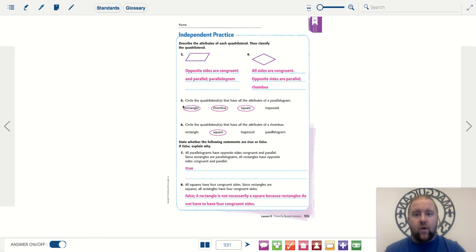Question number 5 says circle the quadrilaterals that have all the attributes of a parallelogram. Remember, a parallelogram has opposite sides that are parallel and congruent. In a rectangle, opposite sides are parallel and congruent. In a rhombus, opposite sides are parallel and congruent. And in a square, opposite sides are parallel and congruent, but not in a trapezoid.